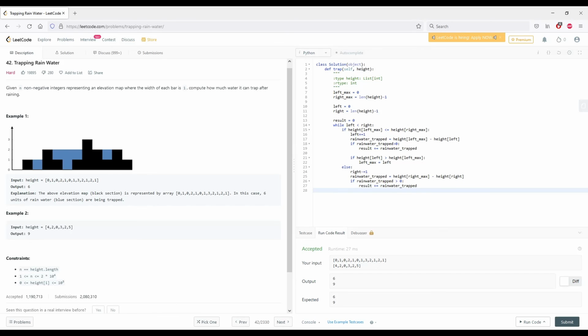And finally, we update right max if the current right pointer is at a greater value. Okay, and finally after all that we return result.